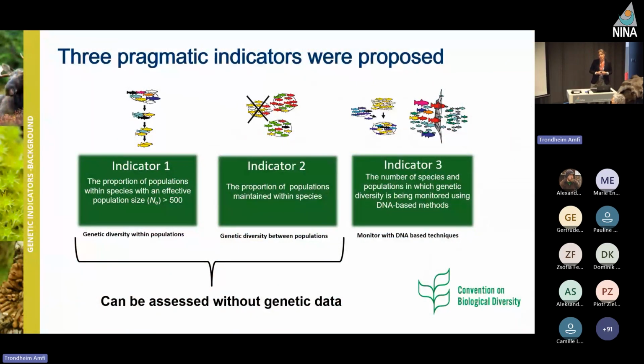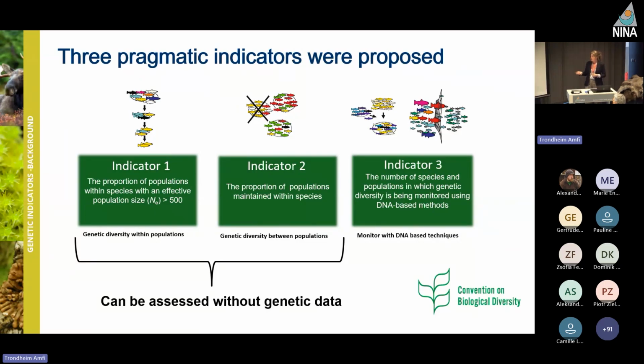Also, before the COP, 3 genetic indicators were proposed by this larger group of people, and they were 3 pragmatic indicators. These were not the only ones that were proposed, but this group of people proposed these 3. Indicator 1 is the NE500, which you have heard about previously.